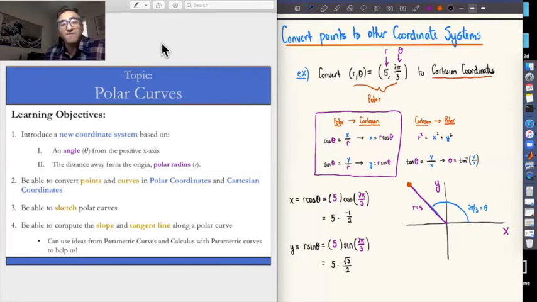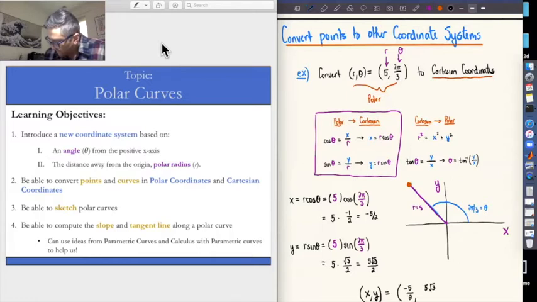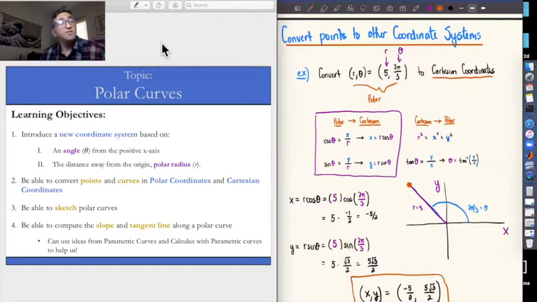So our x and y values are actually, x is minus 5/2 and y is 5 square root of 3 all over 2. So our new point in x and y coordinates, or Cartesian coordinates, is equal to minus 5/2 and 5 square root of 3 all over 2. And that would be our final answer in this case, converting that point from polar back to Cartesian coordinates.